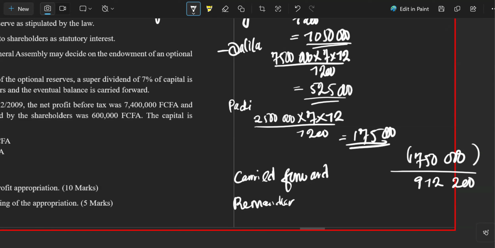We're going to take 2,662,200 francs minus 1,750,000 francs minus 912,200 francs. So the balance is going to give us 0. Okay, so that's our balance, which has given us 0.